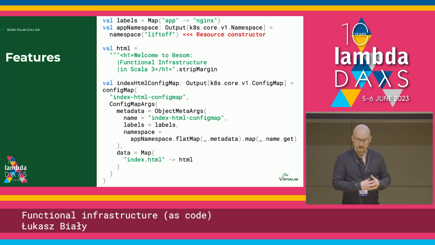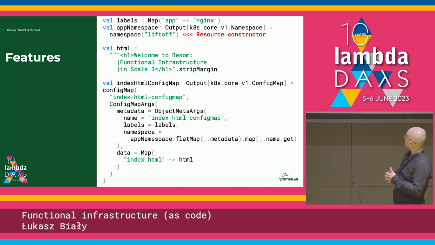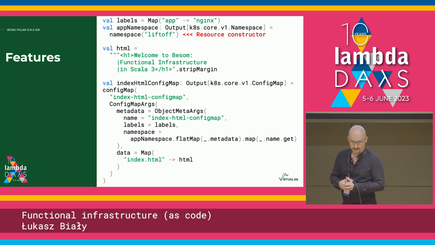And let's go quickly through the safety features that we have. So this is a piece of an actual integration testing program that we have that runs because the Kubernetes API is done and we have it working. It declares a namespace called liftoff, and it declares a config map that is later used for Nginx to actually serve this page.